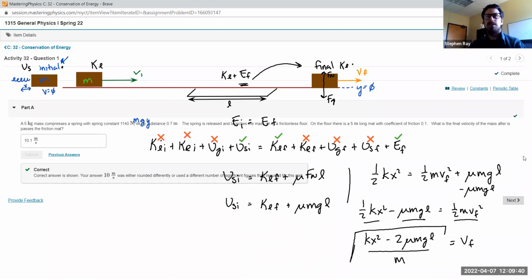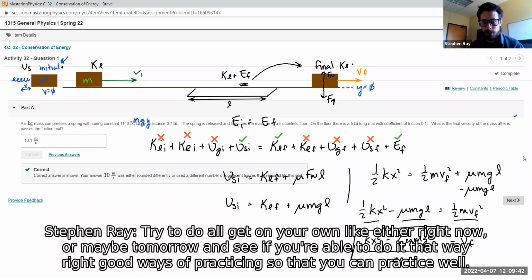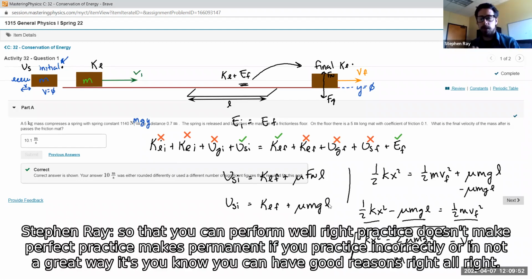Pause, try to do it all again on your own, either right now or maybe tomorrow, and see if you're able to do it that way. Practice well so that you can perform well. Practice doesn't make perfect, practice makes permanent. If you practice incorrectly, you aren't going to have good results.